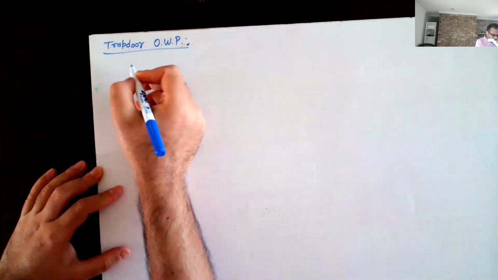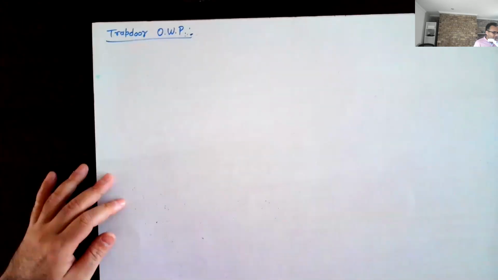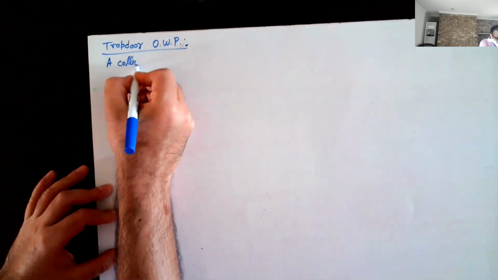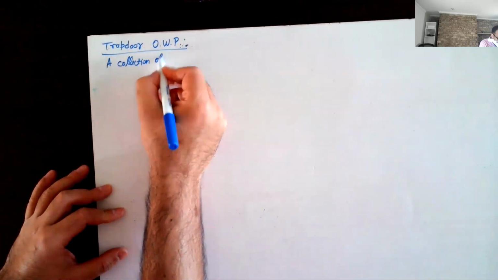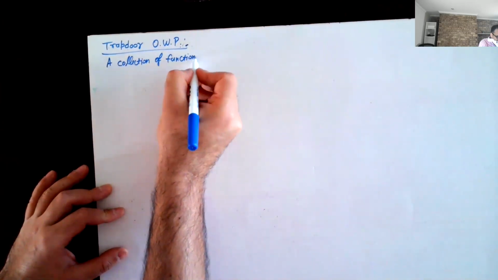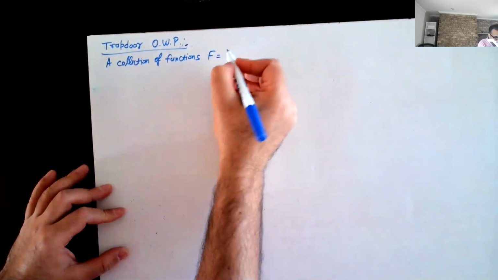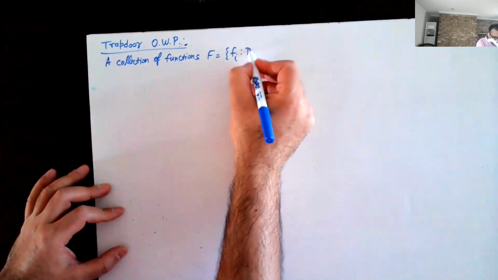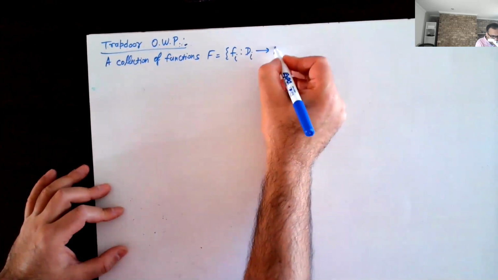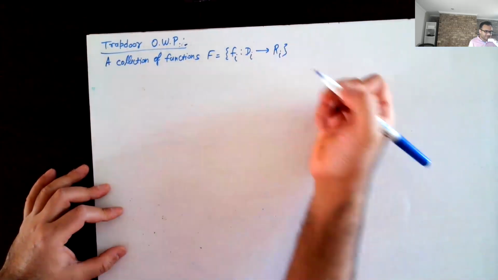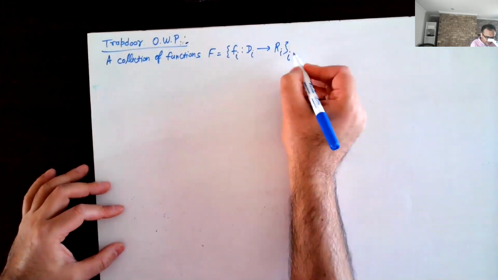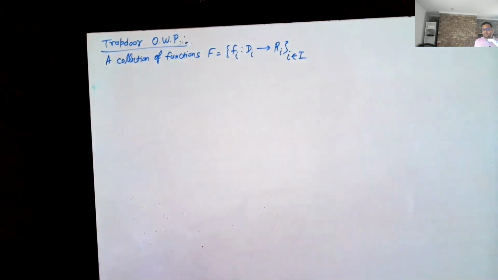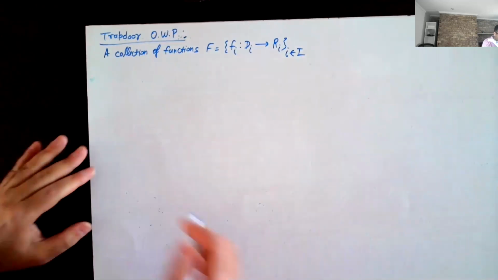So to recall maybe the relevant part of the definition. Here we have a collection or a family of functions f. We have the ith member of the family going from the domain to the range, and i is in some family I. So this is a family of trapdoor one-way permutations if the following properties hold.